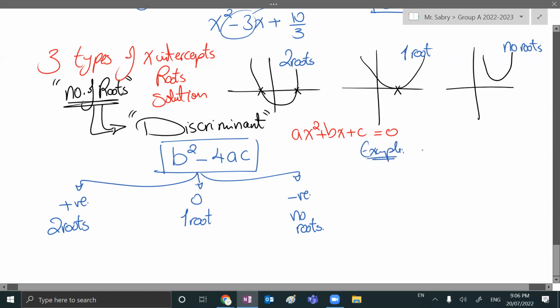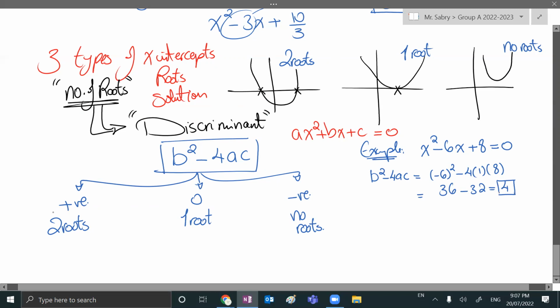Let's say we have this one. How do I check the number of roots for this one? I'll apply the rule right away, b power 2 minus 4ac, which equals negative 6 to the power of 2 minus 4a, which is 1, and c, which is 8. Put this on a calculator, that would get you 36 minus 32, which is a total of 4.